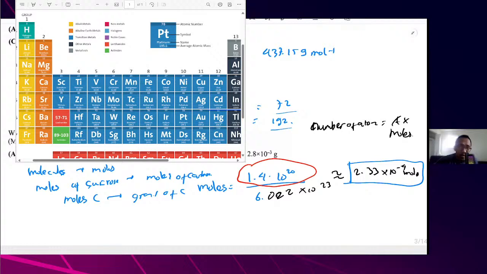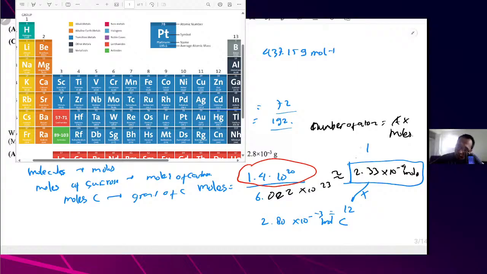So we convert moles of sucrose to moles of carbon: sucrose has 12 carbon atoms per molecule, so times 12. So it might be 2.80 times 10^-3 moles of carbon.